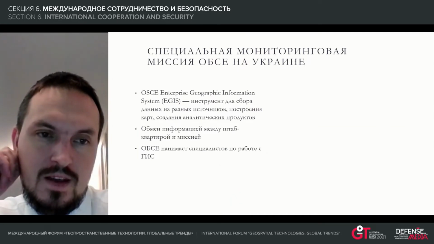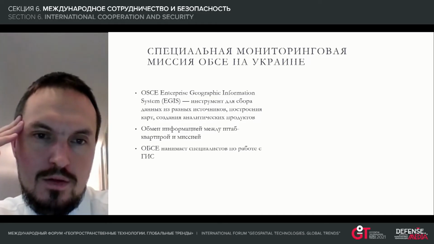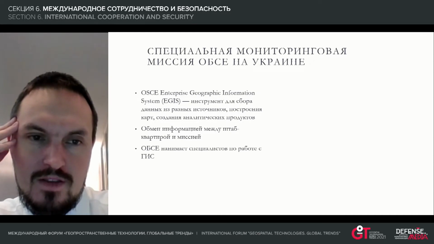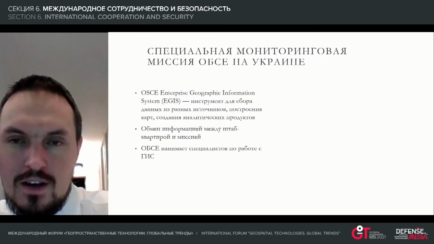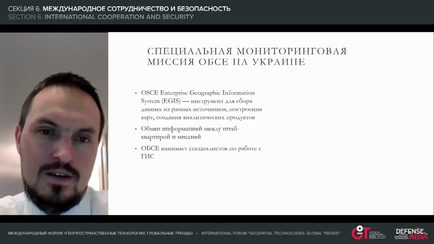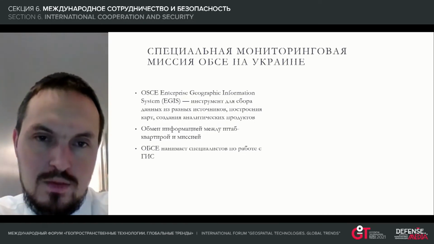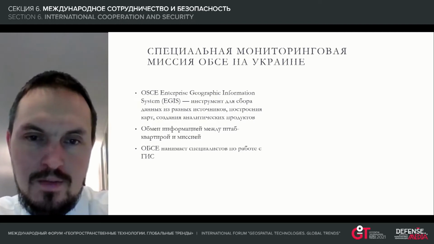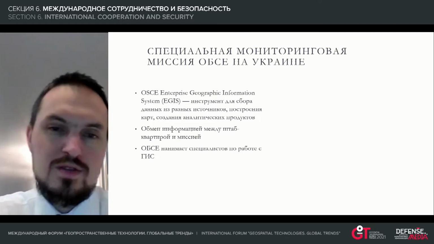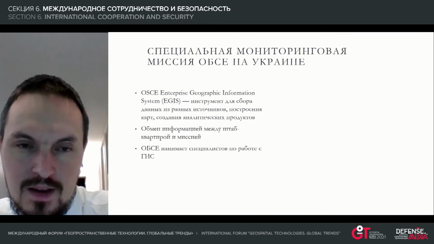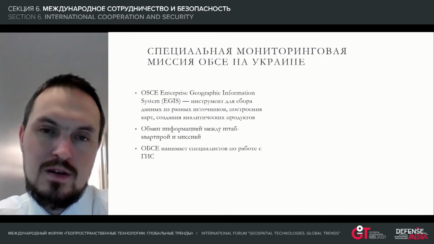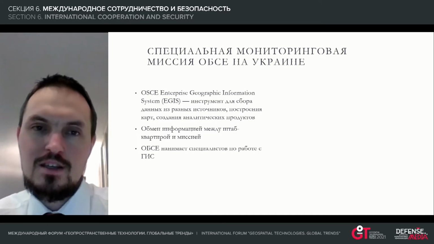In OSCE, they established the so-called Enterprise Geographic Information System, EGIS, abbreviation you can see on the slide. It's a tool for data collection from different sources, including a variety of data platforms and reports of the staff members of OSCE. This solution helps building maps and creating analytical products, data science products.